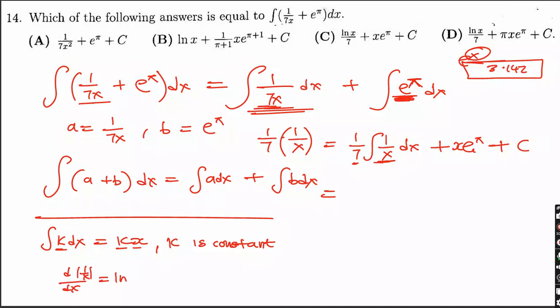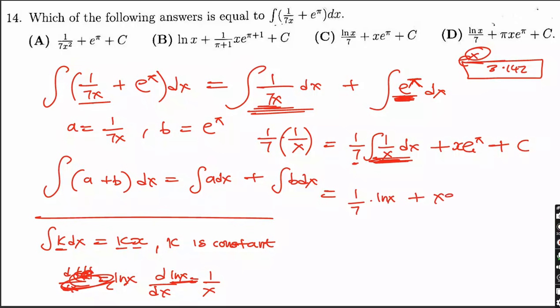Now, because integration is the opposite, that means the integral of 1 over x is going to be equal to ln x, because this is just the opposite. So whenever you see 1 over x and they're asking for the integral, just say ln x.